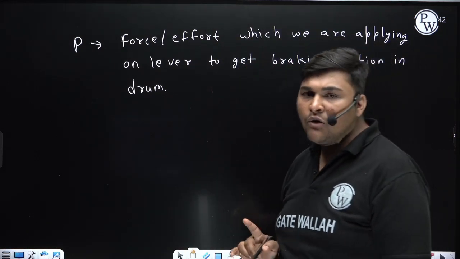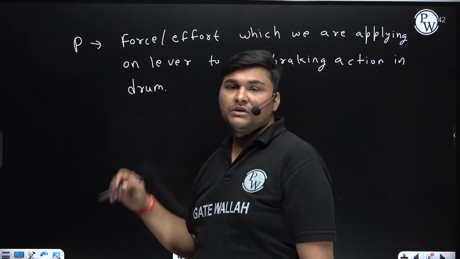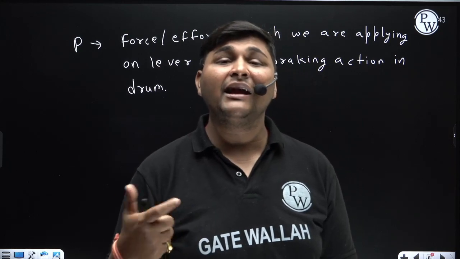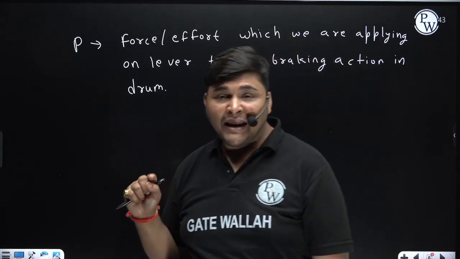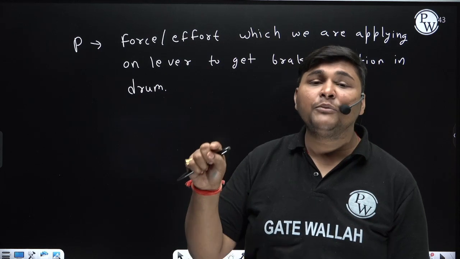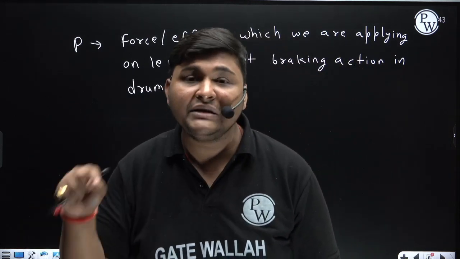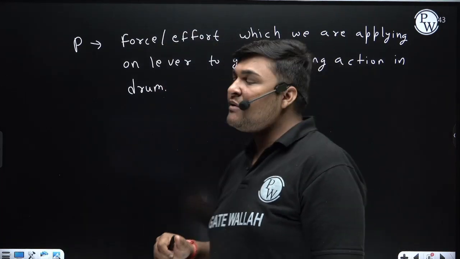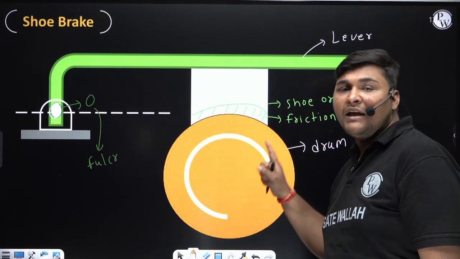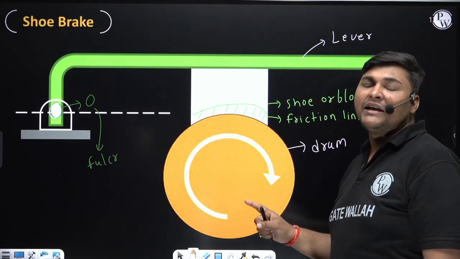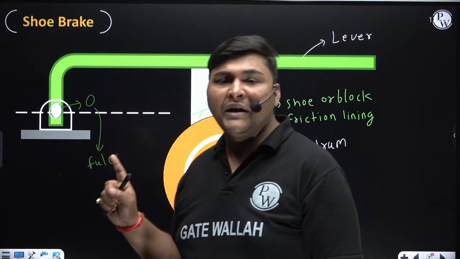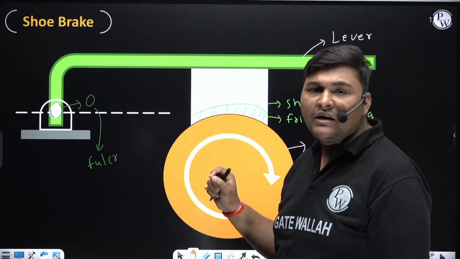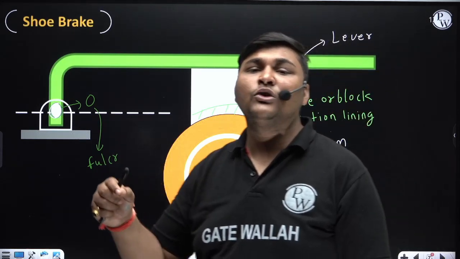Now this is our input force, because effort is input, and you already studied mechanical advantage. Mechanical advantage means to get any output, the input we want should be as low as possible, meaning effort should be as low as possible. So to get braking action in this drum, the effort which we are applying on the lever is braking effort, and that effort we want as low as possible.